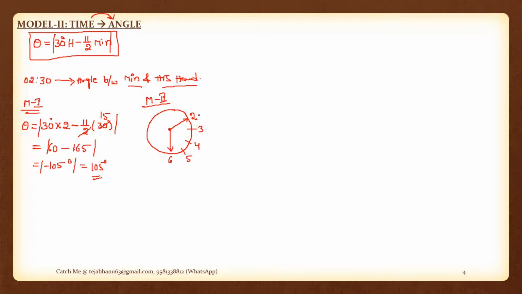This is one hour gap, 2 hour gap, 3 hour gap, 4 hour gap. For every hour, the hand displaces 30 degrees, so 30 into 4 divisions.